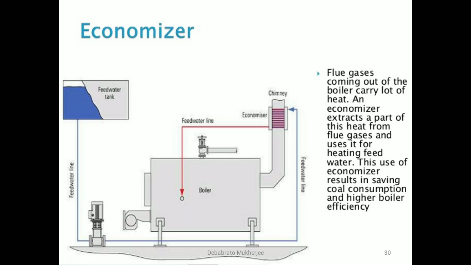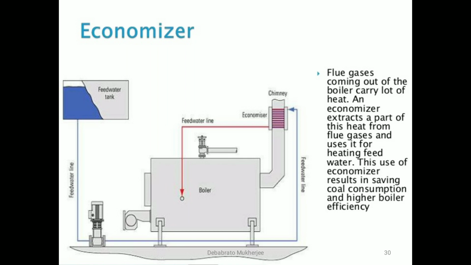I am focusing on each and every part in detail. Kindly look at it, and you can do it very concentratedly. See, this is a boiler economizer. From this boiler, the feed water inlet is given and the outlet is here.